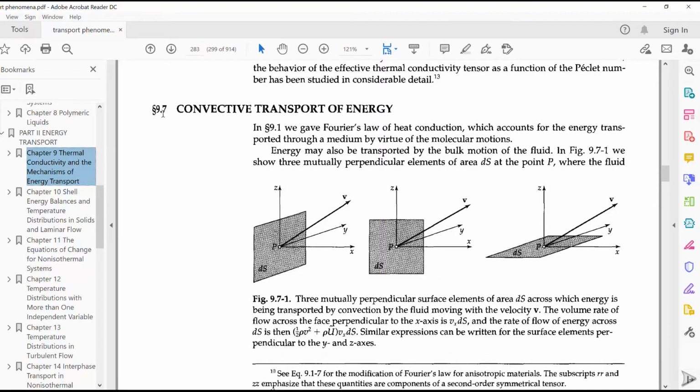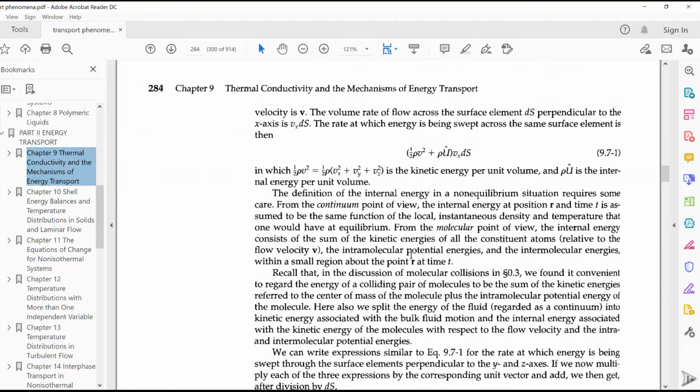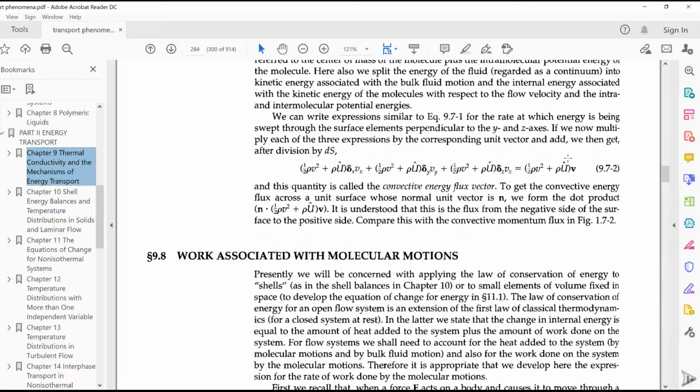In section 9.7 the convective energy transport is defined as in this term, because the fluid carries some energy with it, like kinetic energy and internal energy. This fluid also has some velocity, and the combination of these gives us how the fluid transports energy by the convective velocity term.